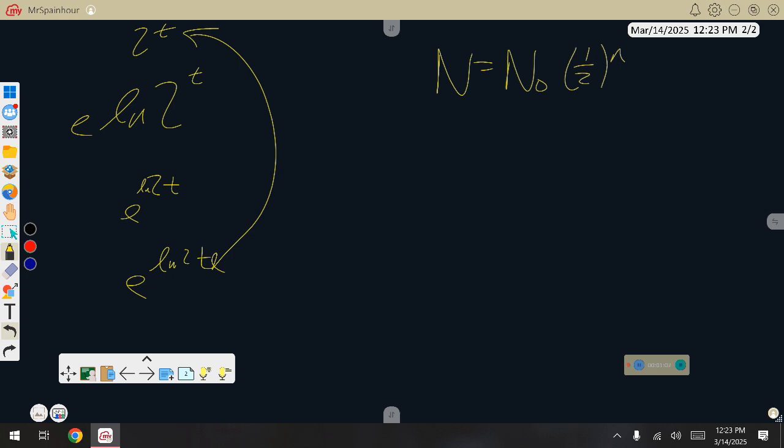Let's ignore the N and the N0 right now and come down here and go 1/2 to the N. Let's make that 2 to the negative N, and call that the natural log of e, which means this is the same thing as e to the negative natural log of 2 times N. Now all we have to do is figure out where N is the number of half-lives.